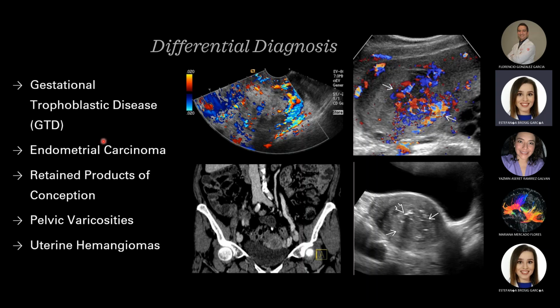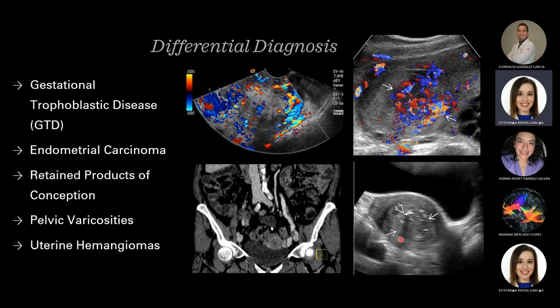Another differential diagnosis that is more common in postmenopausal patients is endometrial carcinoma, which is characterized by neovascularity that has low volume and high velocity flow. In this image, a transabdominal longitudinal ultrasound shows a heterogeneous endometrial mass with shadowing echogenic foci.